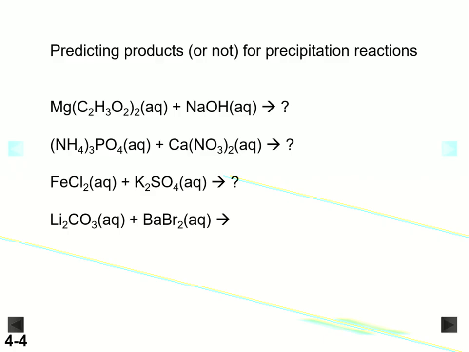Now we're going to take these four examples and use the solubility rules and this basic rubric to determine whether we get a reaction, and if we do, what we get as products. Let's take the first one, magnesium acetate plus sodium hydroxide, and we'll look at that one in more detail.